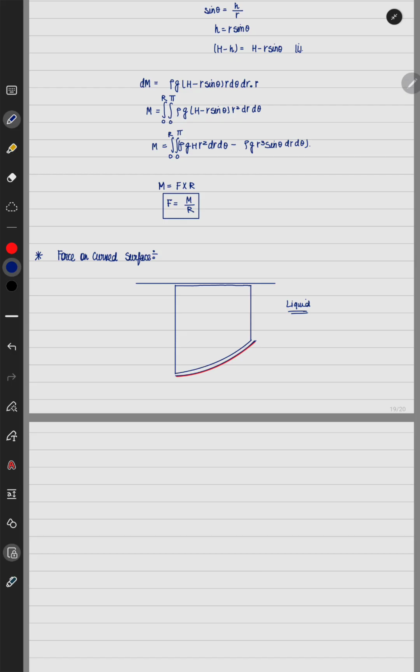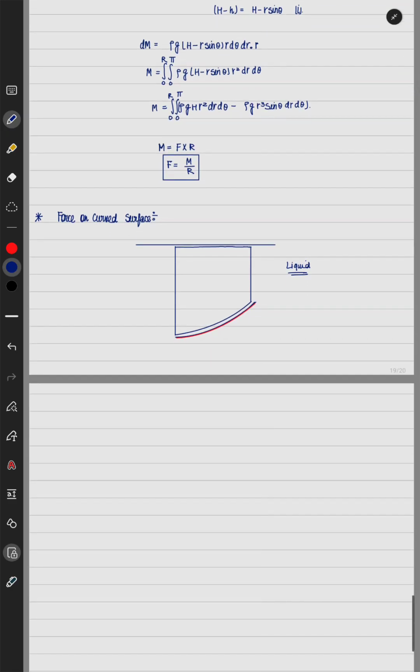This is the control volume, and I want to evaluate the total amount of horizontal and the total amount of vertical forces acting on this plate. Note that this plate is a curved plate, and it is extended perpendicular to the sheet on which I am writing.